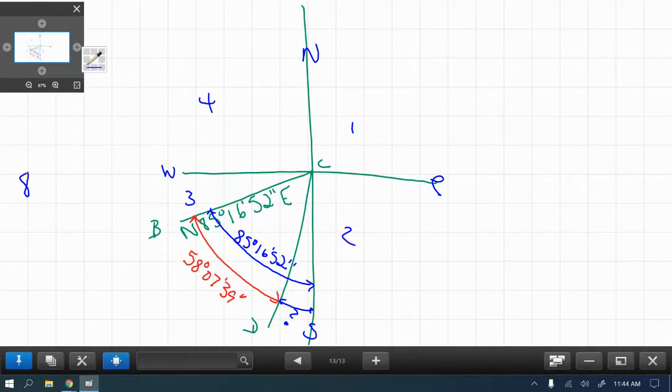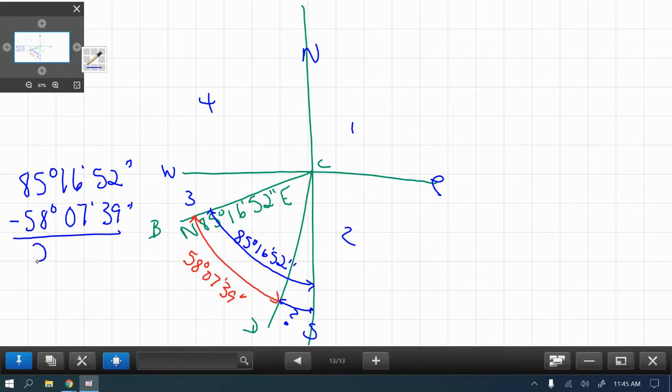So I could just take 85, 16, 52, and subtract the 58 degrees. And we should get 27 degrees, 09 minutes, 13 seconds.